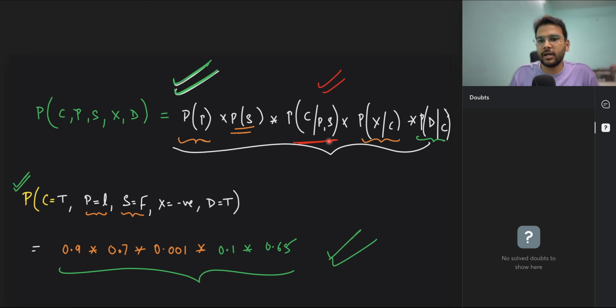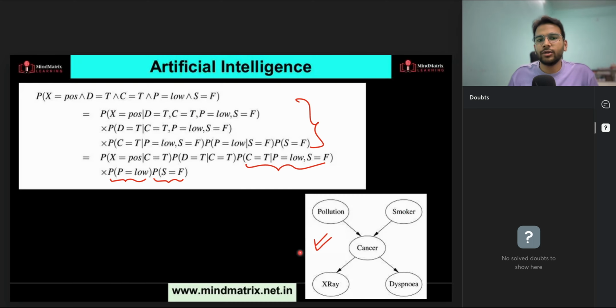Yeah, that is also correct. Fine. So this is what we are having, because cancer is conditionally dependent on pollution as well as smoker. What about X-ray? Probability of X-ray given cancer, because X-ray is conditionally dependent on cancer. So which is here, and probability of the symptom given cancer, which is here. Is this clear to all of you? And now based on the values of these random variables, you can substitute those values and you can find out the final answer.